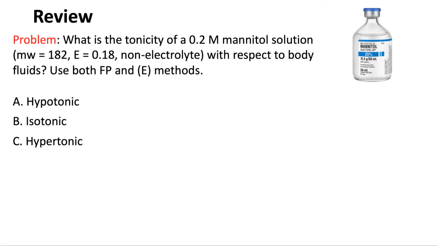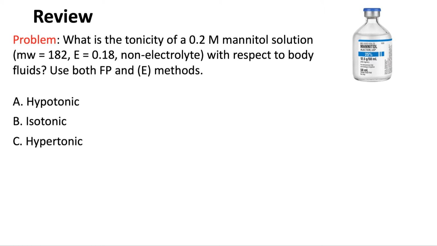The first question, though, is a review of what we had completed at the end of part 1 of this lecture on isotonic solutions. So let's read the question. It says, what is the tonicity of a 0.2 molar mannitol solution? Again, mannitol has a molecular weight of 182 and an E value of 0.18, and it is a non-electrolyte.